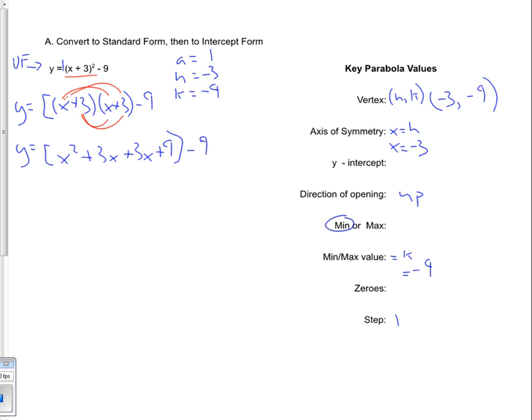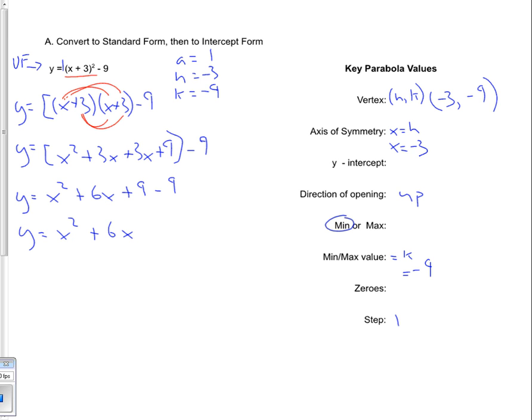I'm going to collect my like terms. That gives me x squared plus 6x plus 9 minus 9. And so this is going to end up being x squared plus 6x.